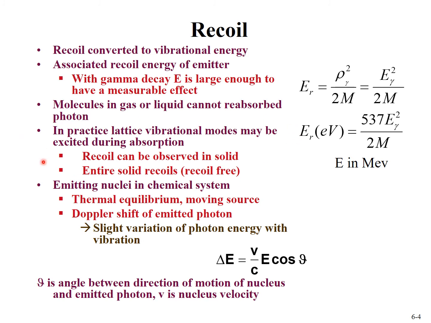In solids, the recoil can be observed, and there's a potential where the entire lattice vibrates, not just the nuclei that was emitting the photon, but that vibration is sent out over the entire lattice, so the solid recoils. This is called recoil-free.